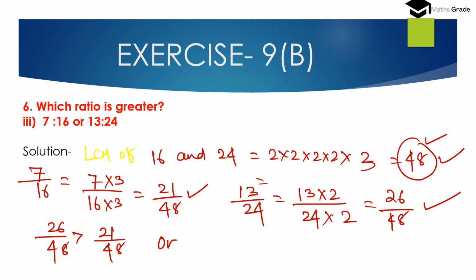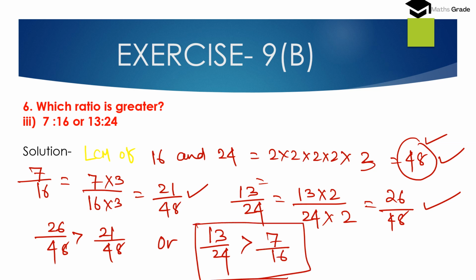And 26 divided by 48 is the equivalent ratio of 13 divided by 24, and 21 divided by 48 is the equivalent ratio of 7 divided by 16. Now 13 divided by 24 is greater than 7 divided by 16. 13 divided by 24 is the greater ratio. So between 7 is to 16 and 13 is to 24, 13 is to 24 is the greater ratio.